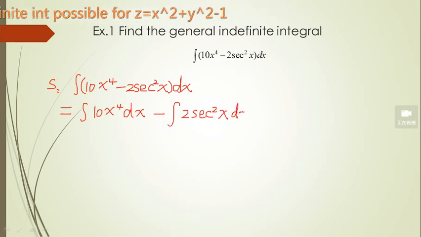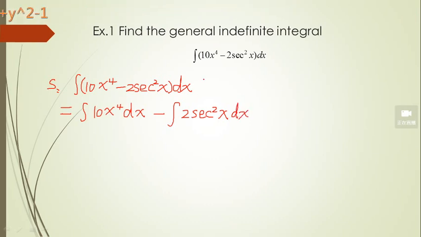Let's work out step by step and trying to take some notes. And when you write those, don't forget the dx term, okay? No matter definite integral or indefinite integral, don't forget the dx term.